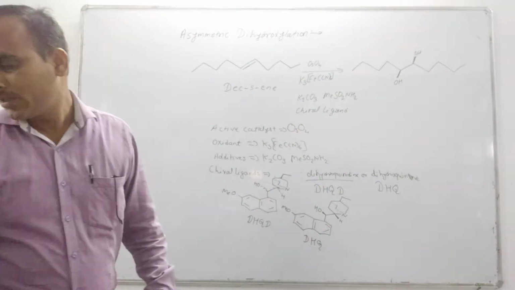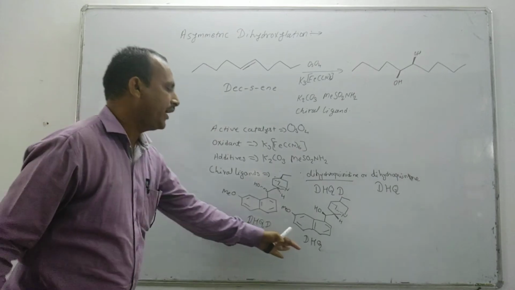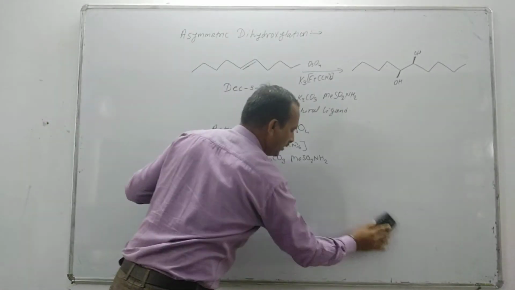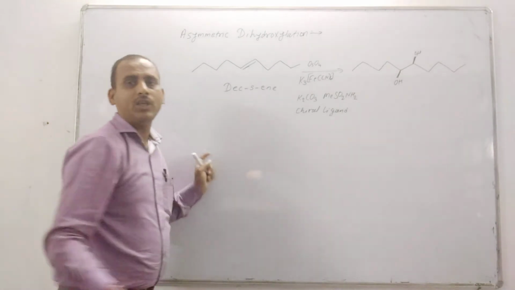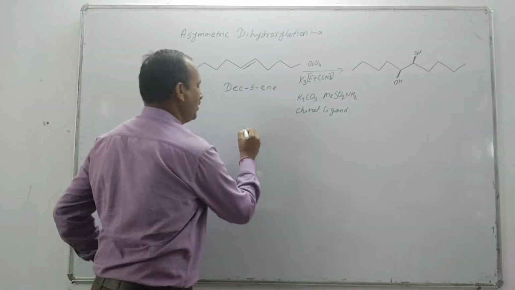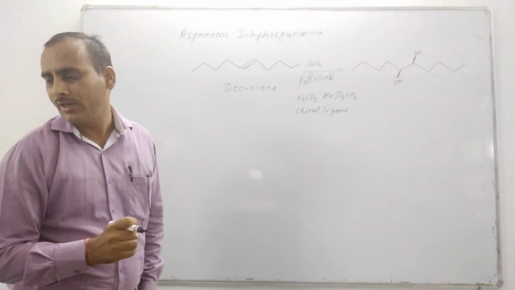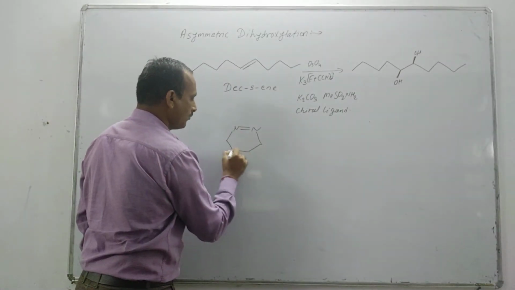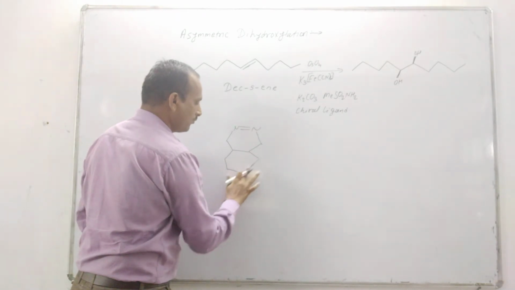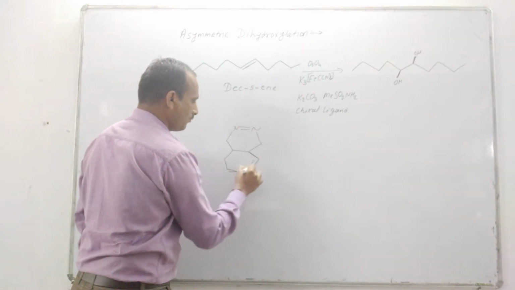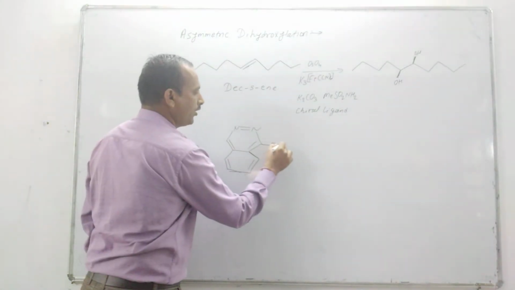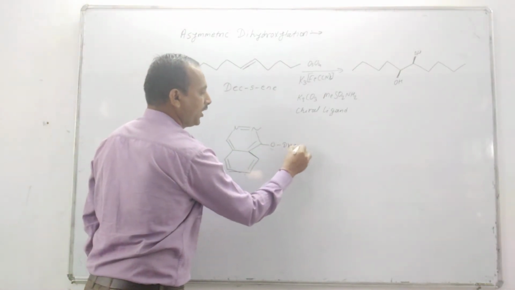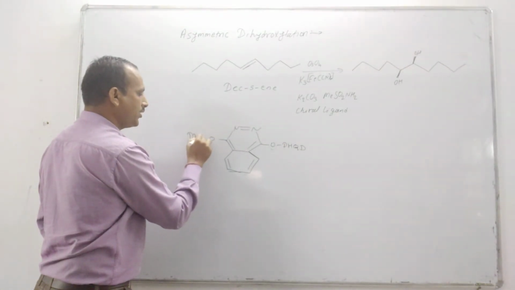Now let's see another example. This DHQD and DHQ are attached to the phthalazine ring, such as it is a two aromatic ring, phthalazine, O-DHQD, O-DHQD.